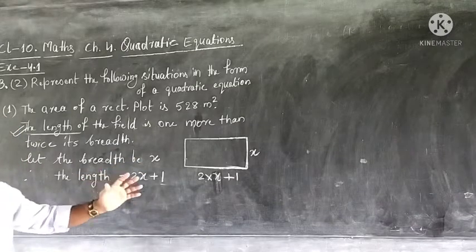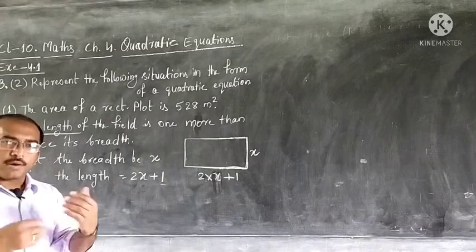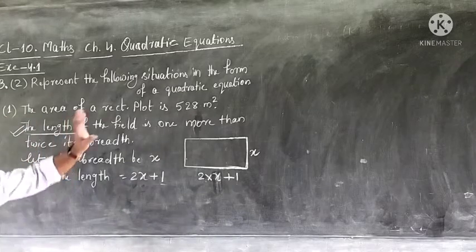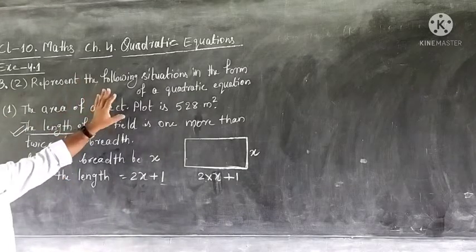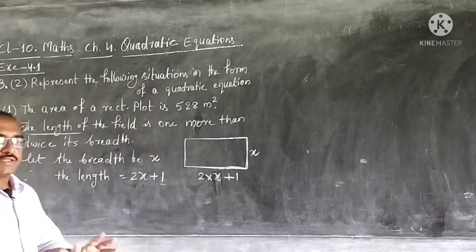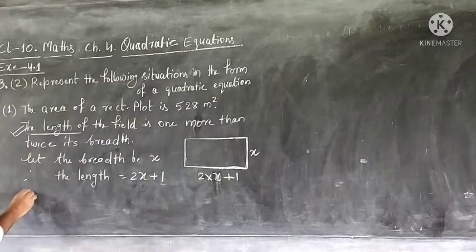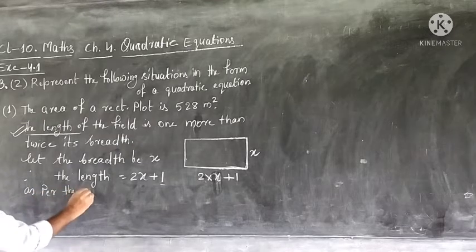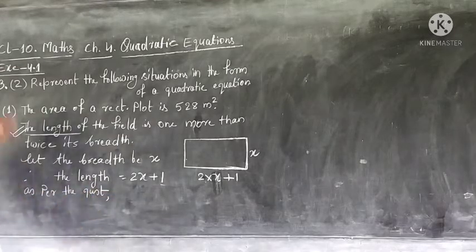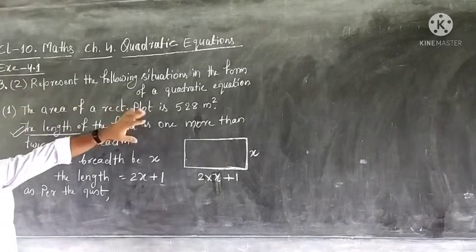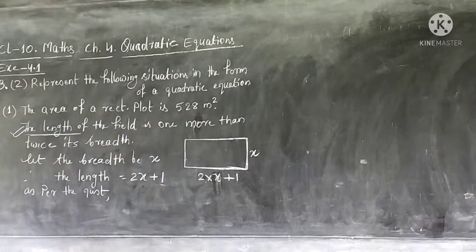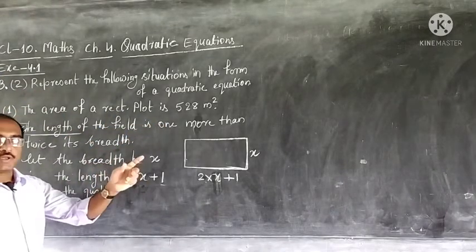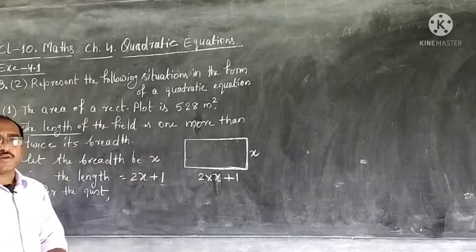Here the question does not say to find the length and breadth. We have to find the quadratic equation for this statement. That is the question. As per the question, the area of the rectangular plot is 528. What is the shape of the plot? A rectangle. What is the area of a rectangle?